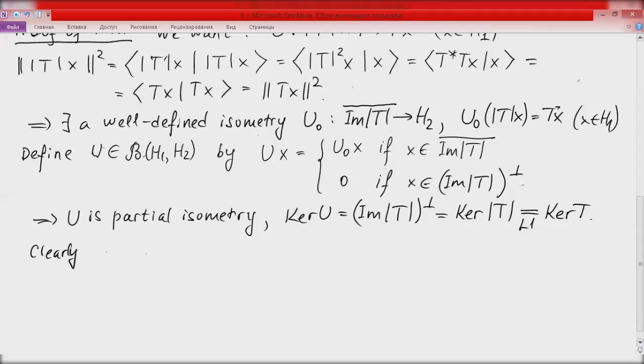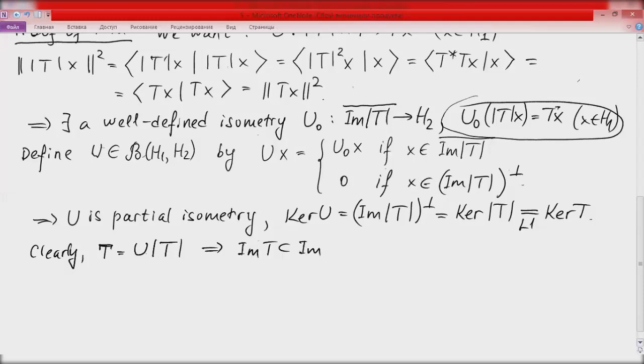Namely, T is the product of U and the modulus of T. This follows from this equality. And so this implies that the image of T is contained in the image of U. But since the image of U is closed, as it is a partial isometry, we conclude that the closure of the image of T is contained in the image of U.